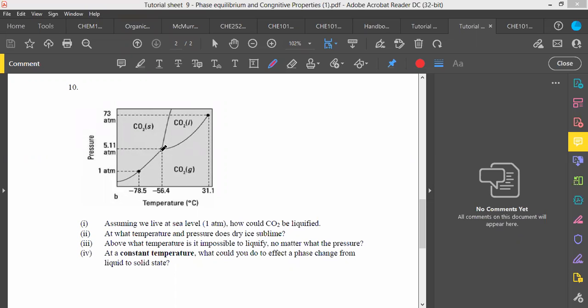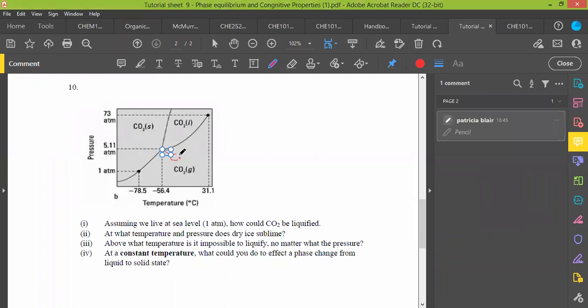So this particular point here is called the triple point. The triple point is the point where your substance exists in 3 phases. It will be in the liquid phase, the solid phase, and the gaseous phase at the same time, at that particular point.